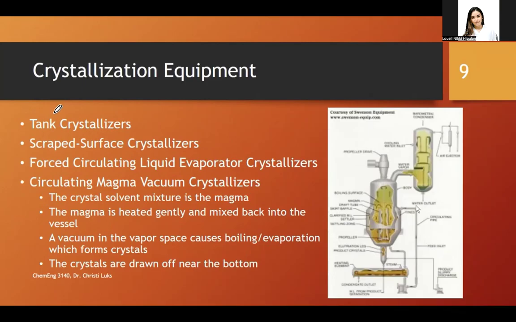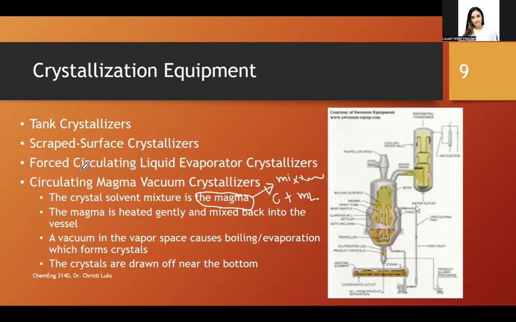And lastly, you have the circulating magma vacuum crystallizers. So the crystal solvent mixture is the magma. The magma is heated gently. So again, magma is the term for the mixture of crystals and your mother liquor. So the magma is heated gently and mixed back into the vessel.